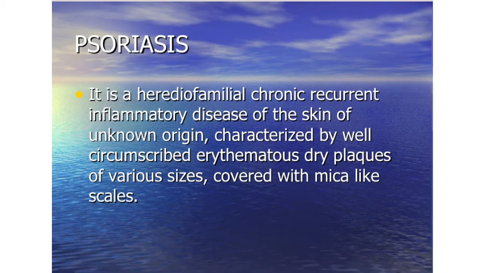It is hereditary-familial, meaning it comes from a hereditary history, something that anyone in the family has. It is chronic, meaning since many days, and it is also a recurrent inflammatory disease of the skin.